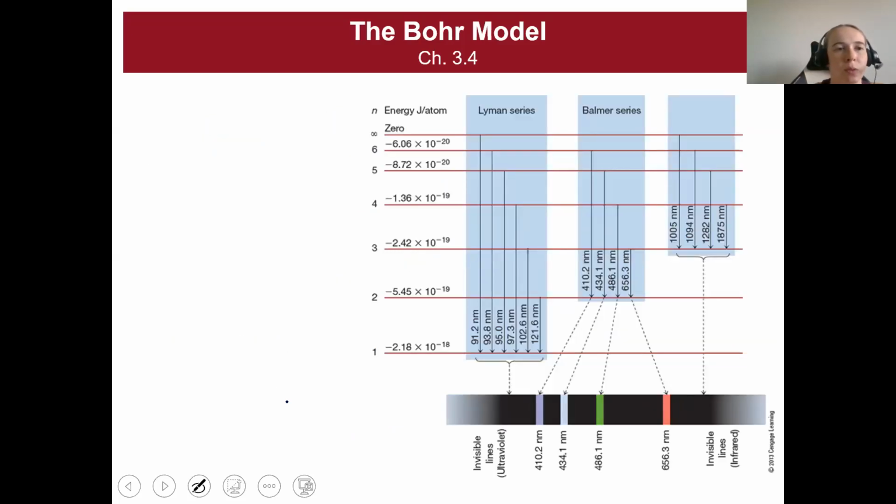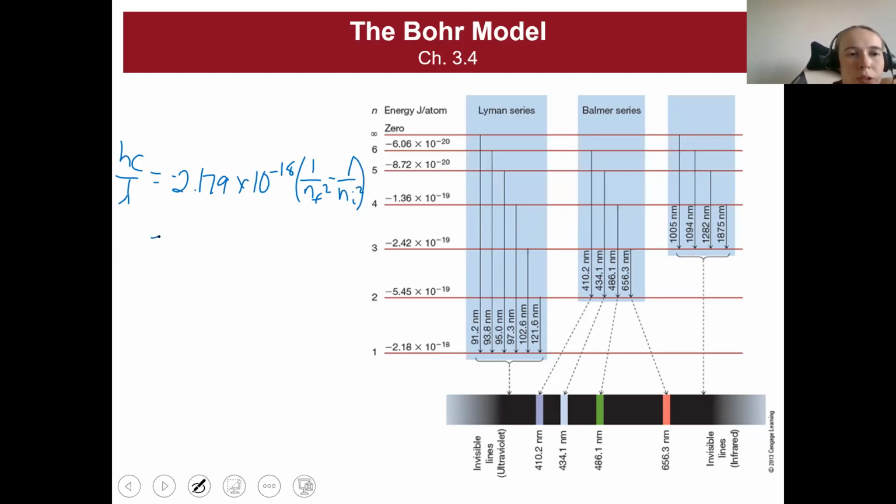All right, so we've got our equation here. hc over lambda is equal to negative 2.179 times 10 to the negative 18th, times 1 over n final minus 1 over n initial. Let's plug in our numbers. Negative 2.179 times 10 to the negative 18th.